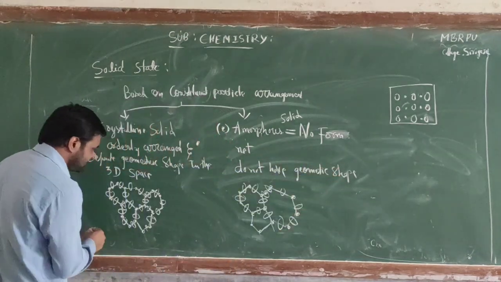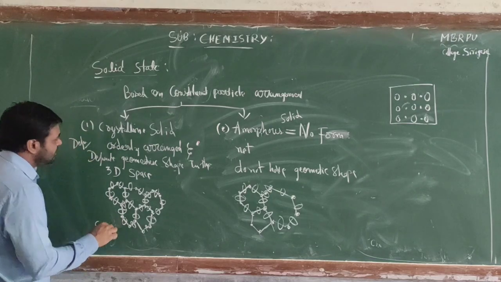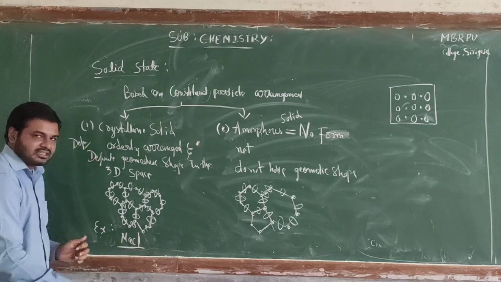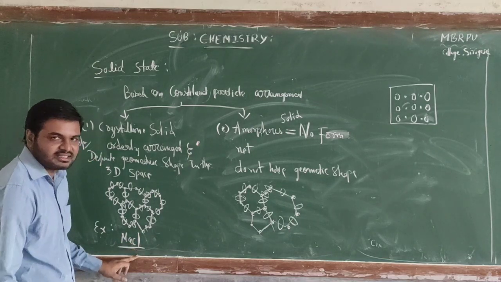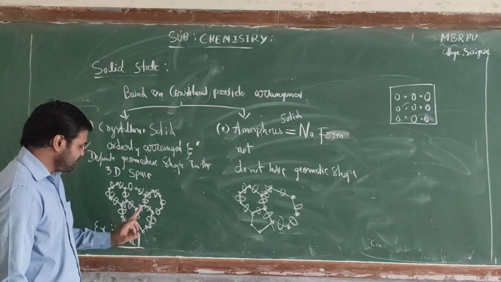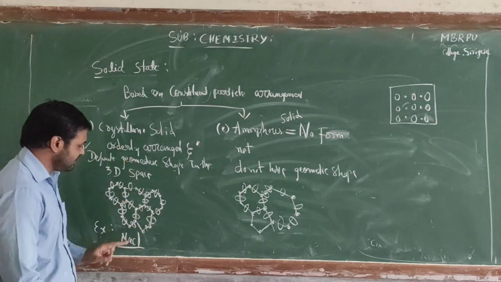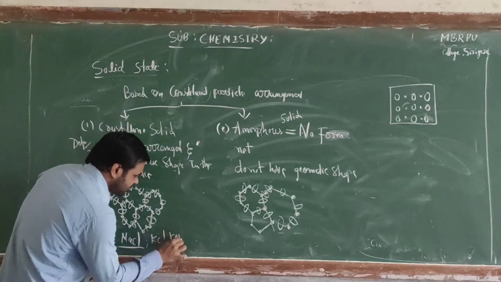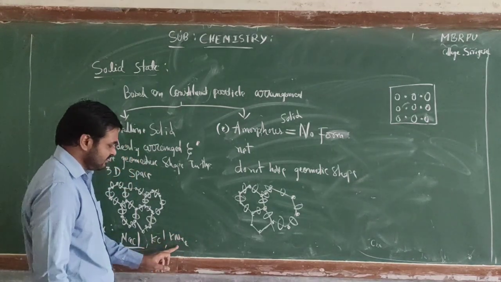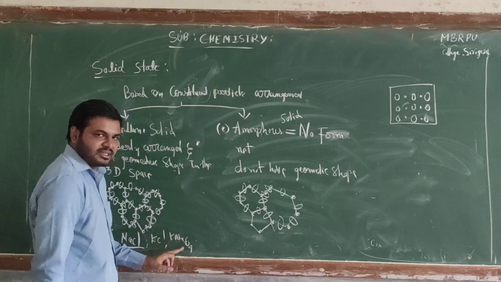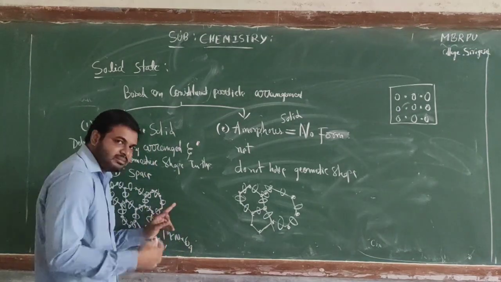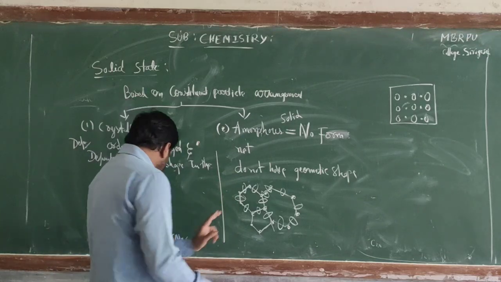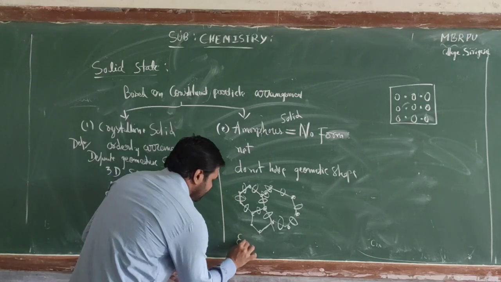Okay, for example, which are the examples of crystalline solids? Yes, important examples. Sodium chloride, very important. This is sodium chloride, one of the strong crystalline solid examples, and KCl, potassium chloride, and potassium permanganate, diamond, graphite. Those are all examples of crystalline. And examples of amorphous?